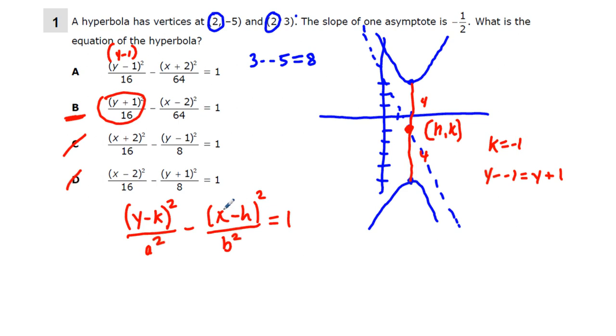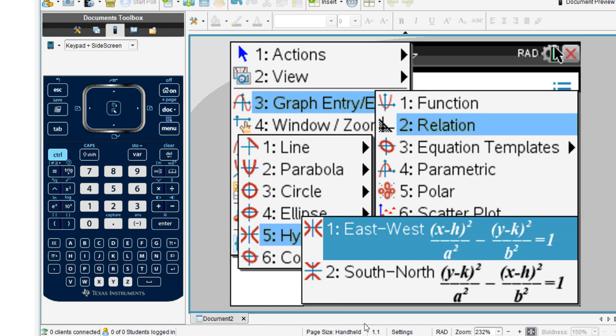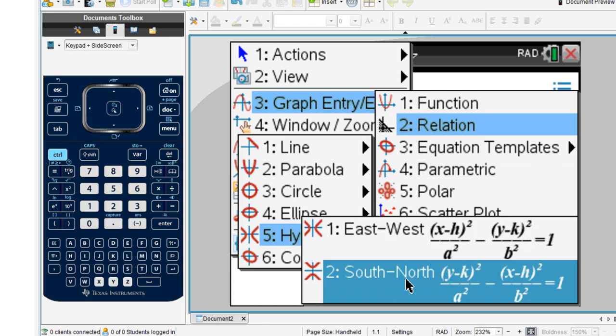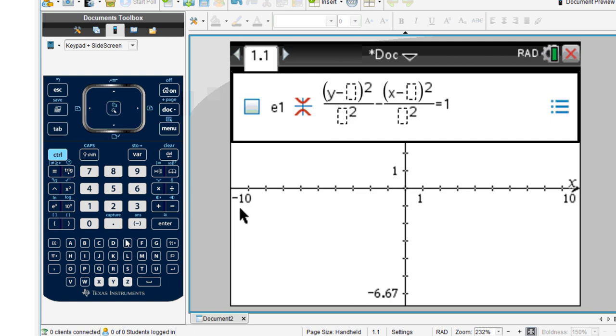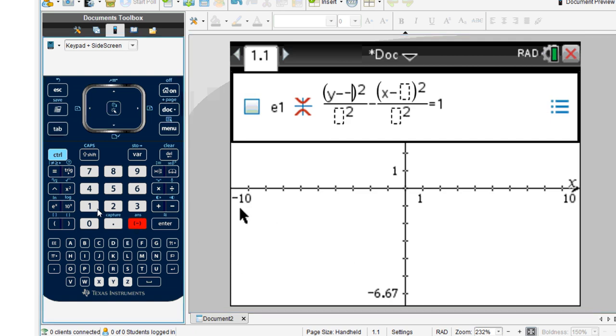The last thing I'm going to do is just verify with one last thing, this slant asymptote. So let's go back here and finish this. We go to this one here. It says y minus negative 1 over 4 squared. And then up here we have x minus 2.